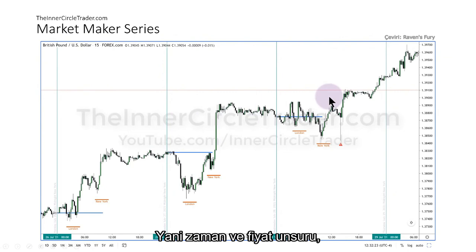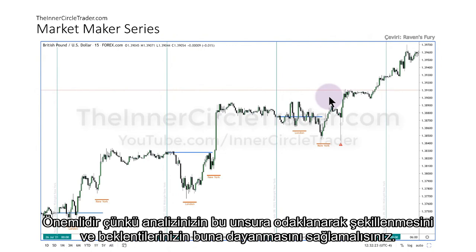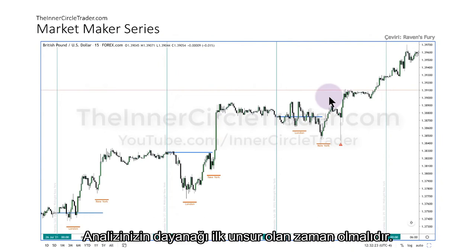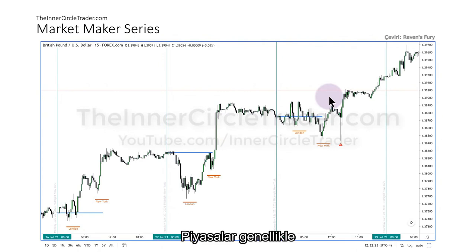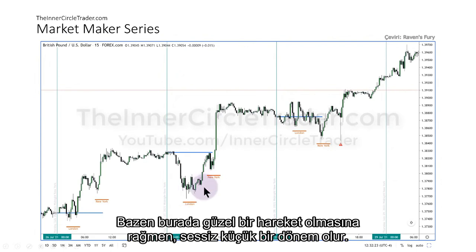So the element of time and price is important because you need to focus and expect your analysis to be rooted on the first element, which is time. The markets will not generally give you setups that pan out between these two windows. There'll be a quiet little period, even though we have a nice run in here.